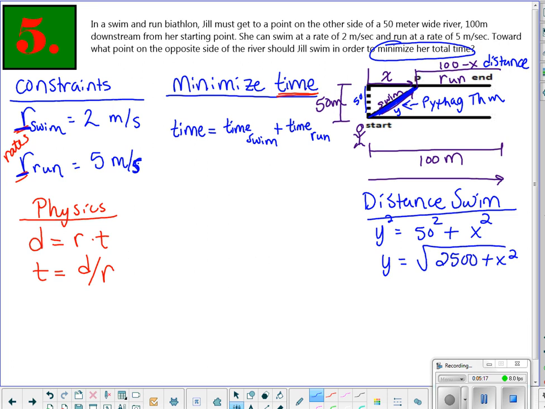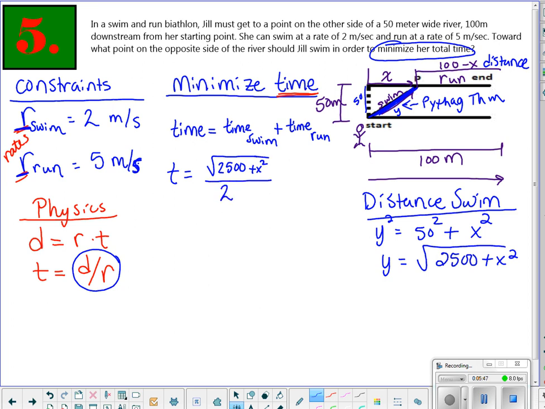Which allows us then to get a time for swimming. T equals, the time for swimming is going to be distance divided by rate. The distance for swimming, square root of 2,500 plus x squared, divided by the rate at which Jill can swim, which was 2.